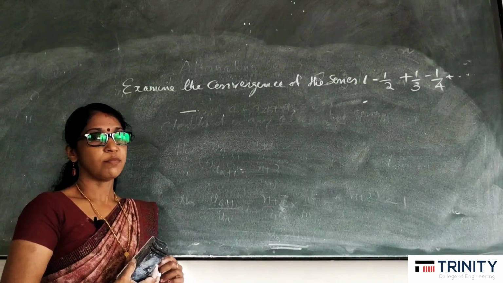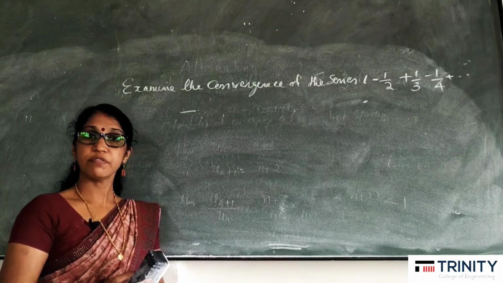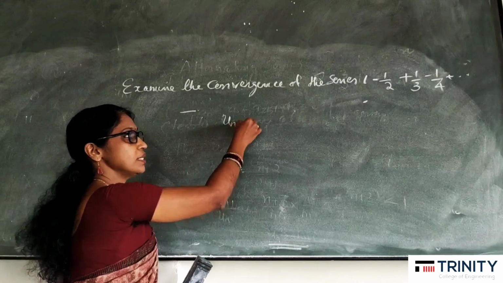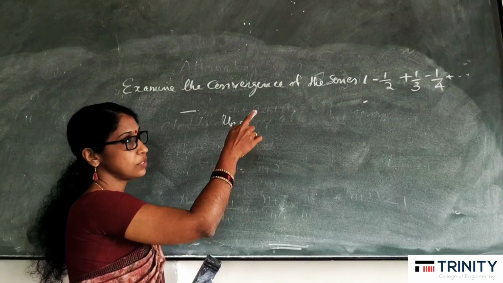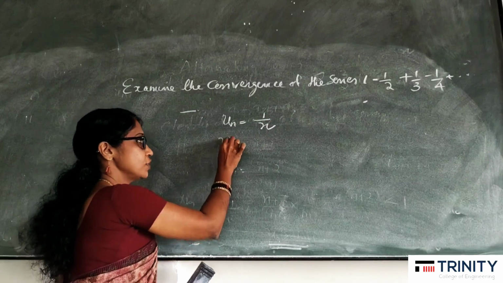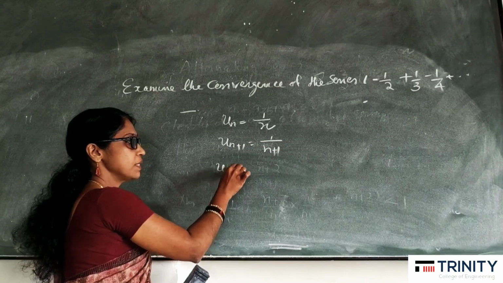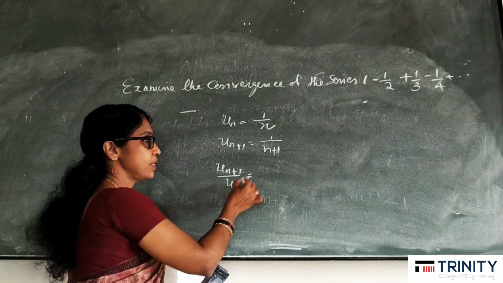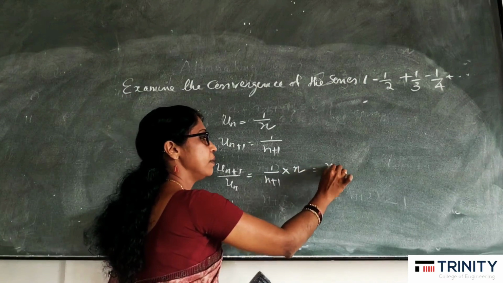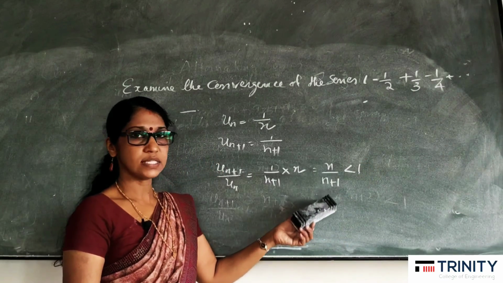Now one more problem. Examine the convergence of the series 1 minus 1/2 plus 1/3 minus 1/4 plus etc. This is also an alternating series. So what is the u_n here? The first term is 1, the second 1/2, the third 1/3, the fourth 1/4, and the nth term is 1/n. And u_(n+1) is equal to 1/(n+1). Now u_(n+1)/u_n is equal to n/(n+1), and clearly this is less than 1 since the numerator is small and the denominator is big.